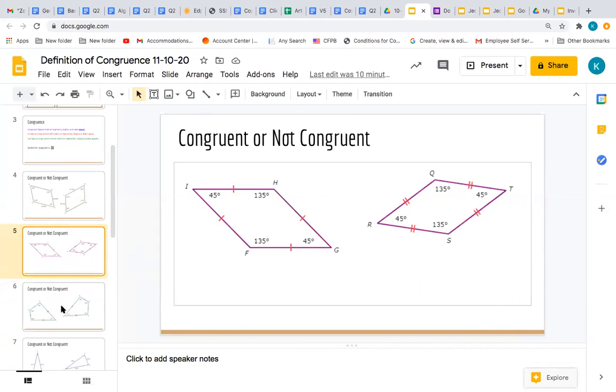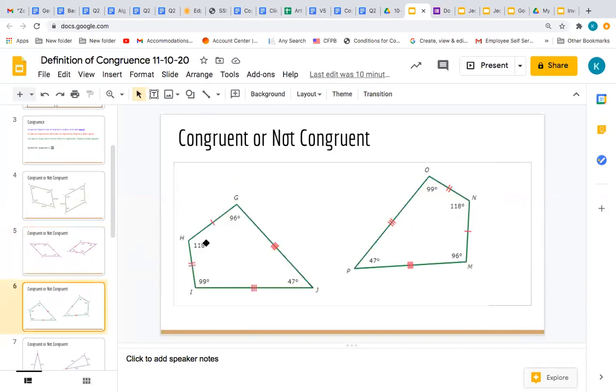Okay. In here, if you look at it, you have corresponding angles that are congruent, or exactly the same thing. 96, 96 over here, 99, 99, 47, 47, and 118, 118.